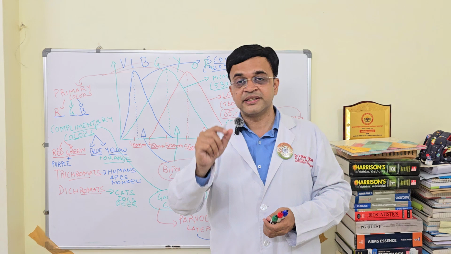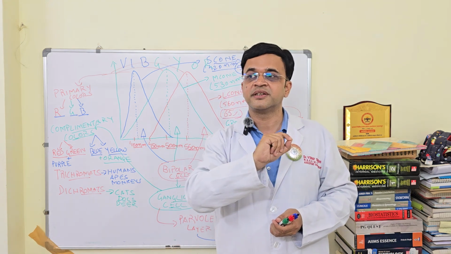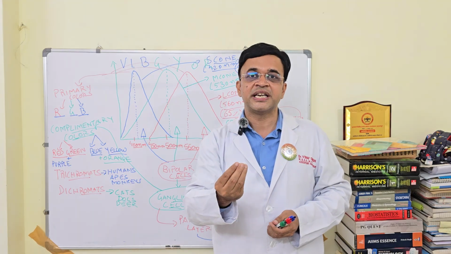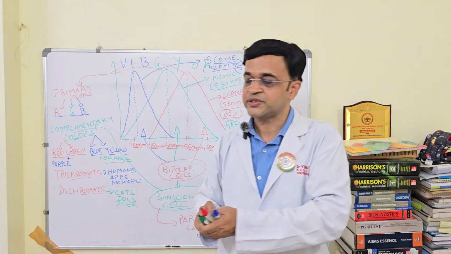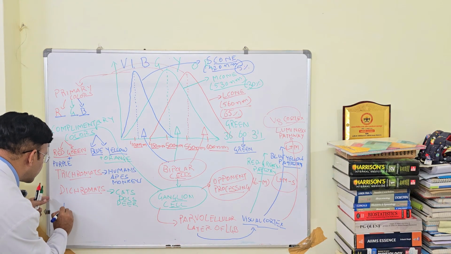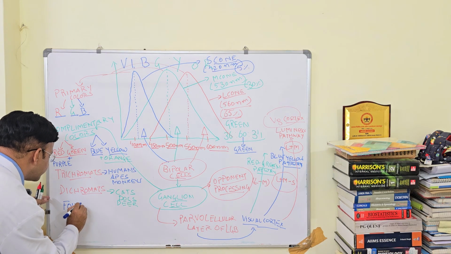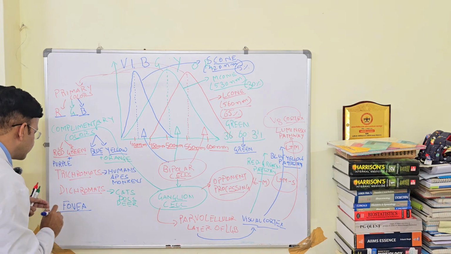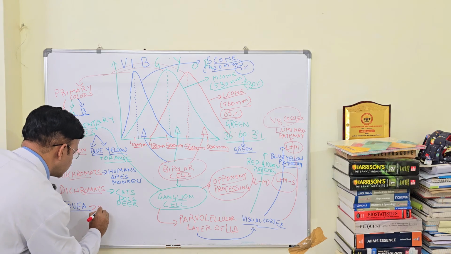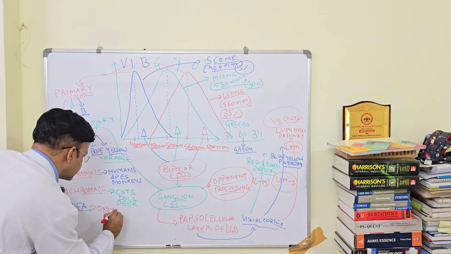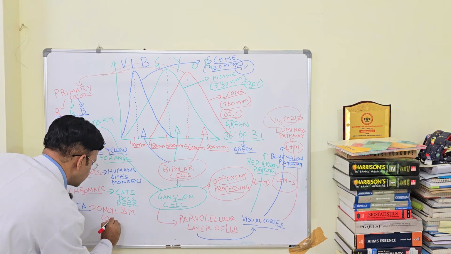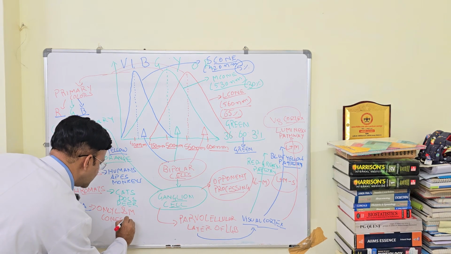So this is a very interesting example of how our center of vision lacks the blue cones. So the fovea has got only L cones and M cones. No blue cones.